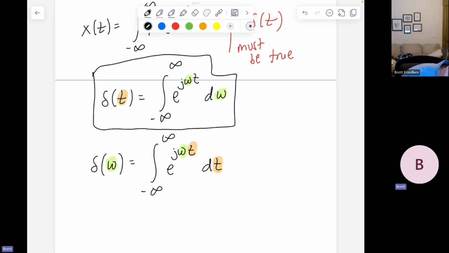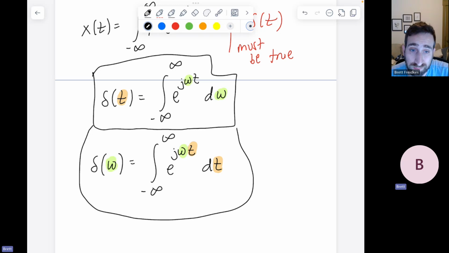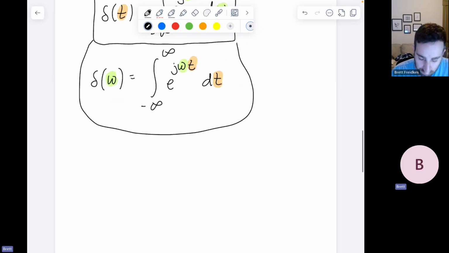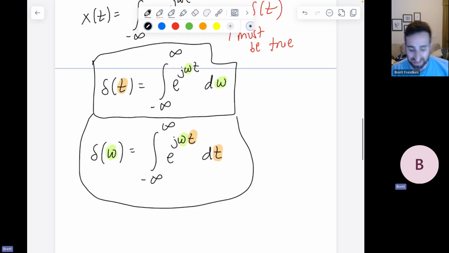These are both valid expressions. This confuses people because we think about the Dirac-Delta as being this impulse that occurs at some period of time. But from a mathematical perspective, we can still plot it in the frequency domain. So if I were to integrate e to the j omega t with respect to time, I would get delta of omega.